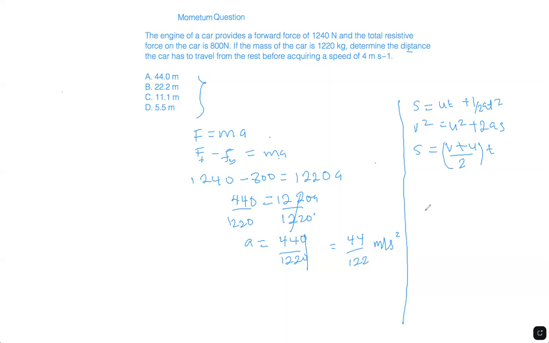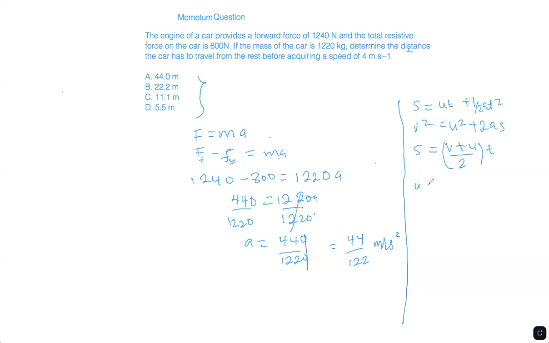So based on what we can find here, we have our acceleration, and we also have the speed. They said from rest before acquiring a speed. From rest means that our initial velocity is equal to 0.